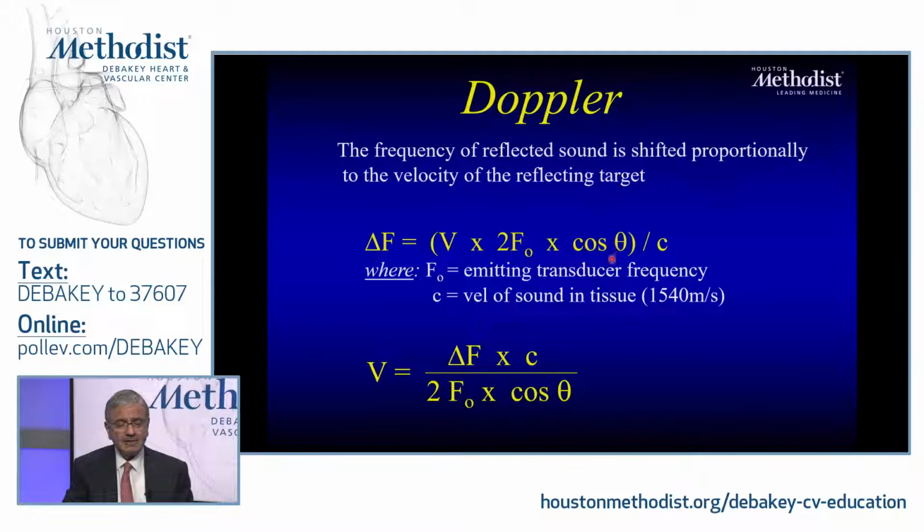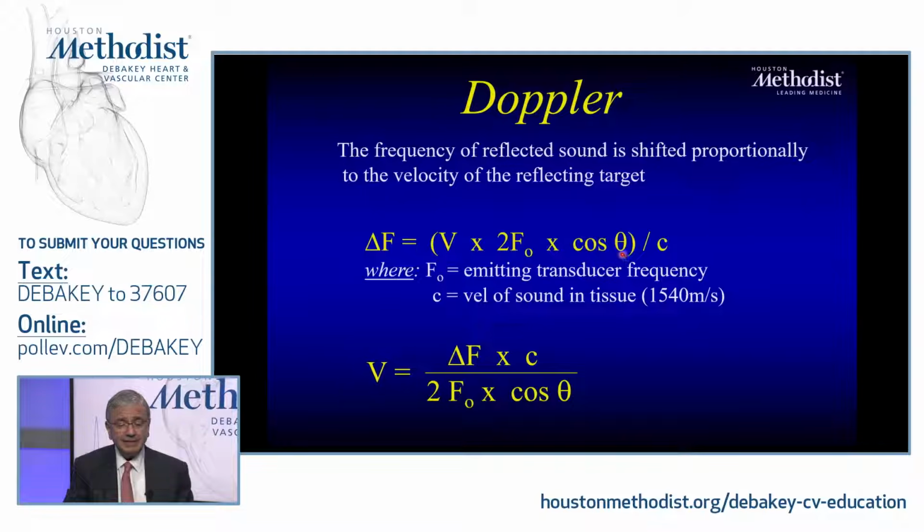Notice cosine theta, meaning if theta is either 0 or 180 degrees, cosine theta is 1. So it is the maximal frequency shift if the beam is parallel to the moving target, right?